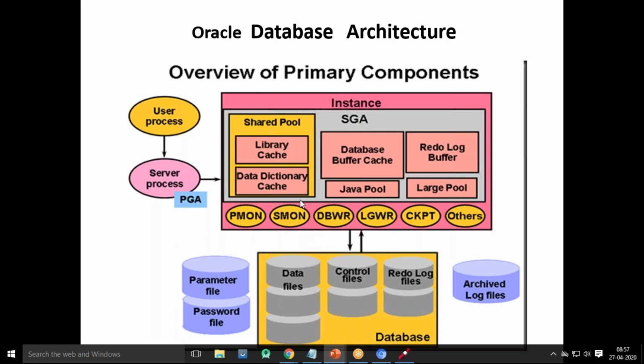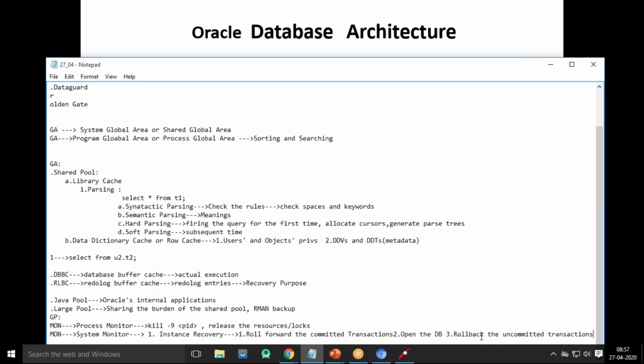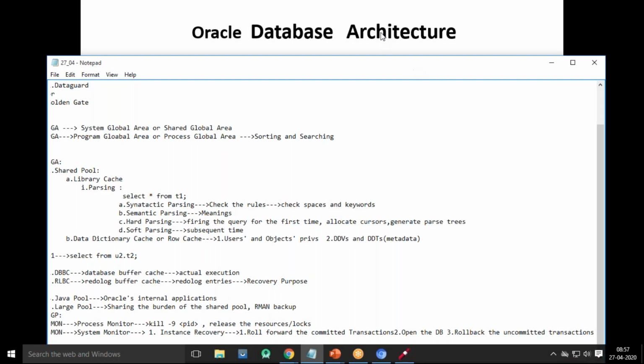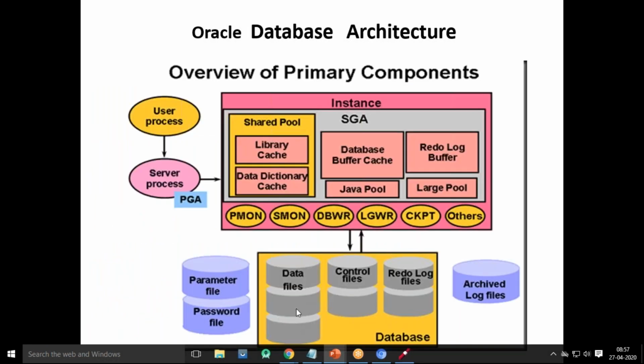Then you have the 25,000 uncommitted records, isn't it? So it will move them to the undo records, the undo data files. Can you follow? This is the function of SMON, called instance recovery.